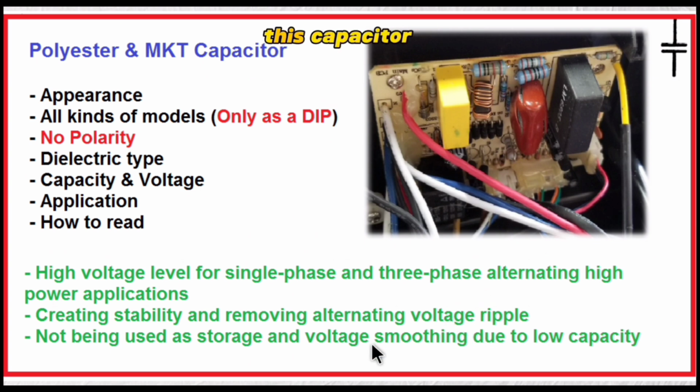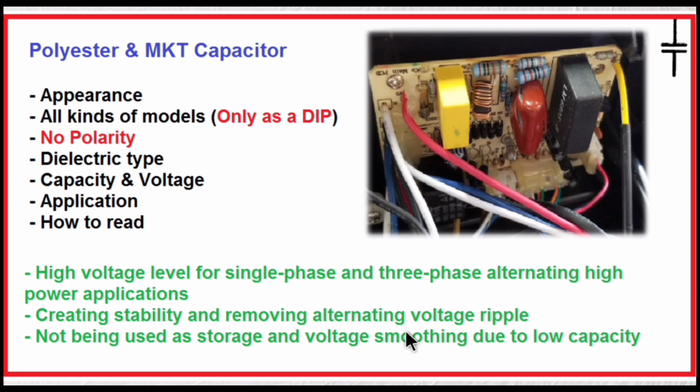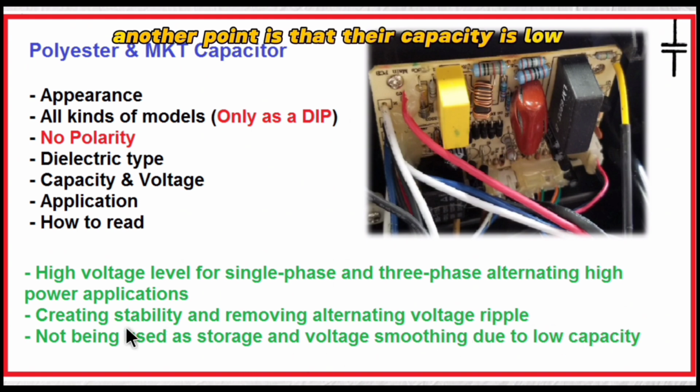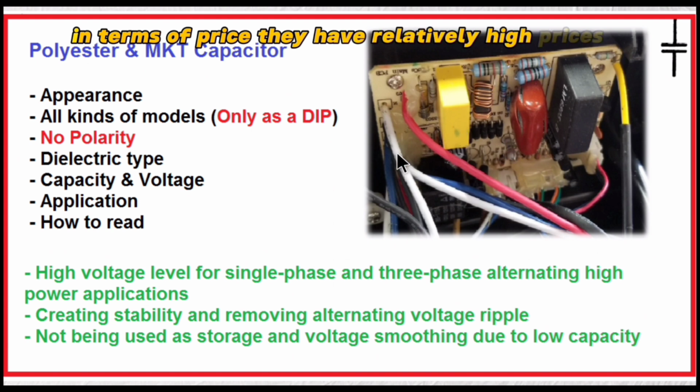This capacitor is placed at the input of devices that work with AC power. Another point is that their capacity is low because their working voltage is high. Their dimensions are large, but their capacity is lower. And we cannot use them as capacitor filters like electrolytic capacitors. In terms of price, they have relatively high prices.